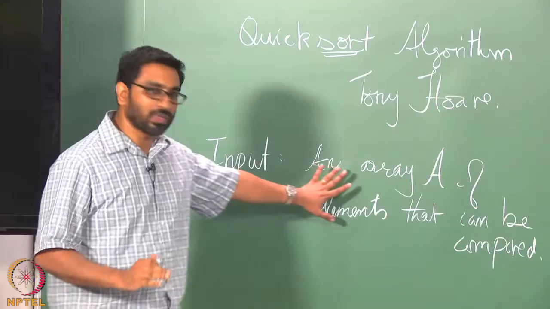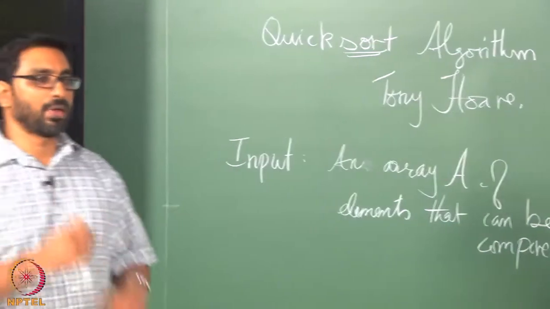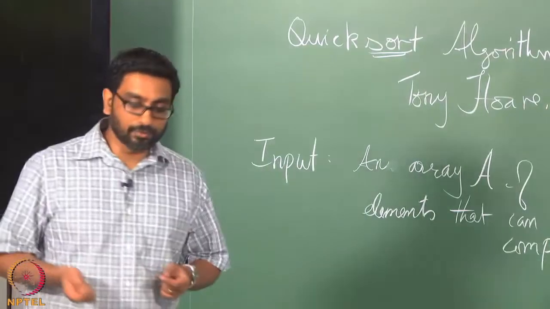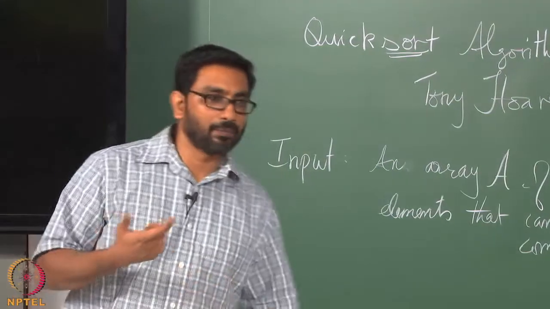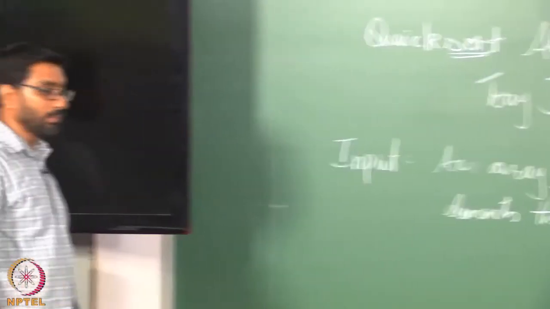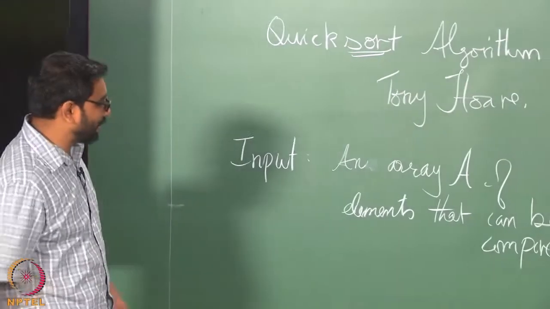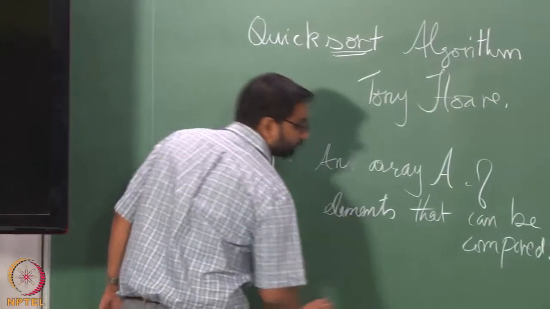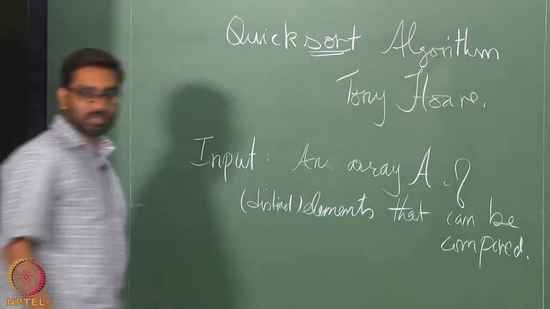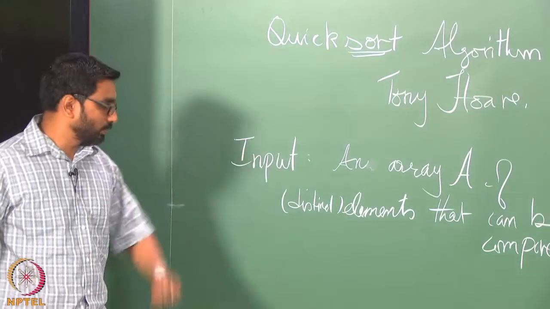The easiest way to think about this is an array of integers, where given two integers you can compare them. It could also work for comparison of strings alphabetically, and so on. All we want is that these elements be comparable, and for simplicity let's assume that these are distinct elements. This is not a crucial requirement and can be easily done away with, but for simplicity we are going to assume that.